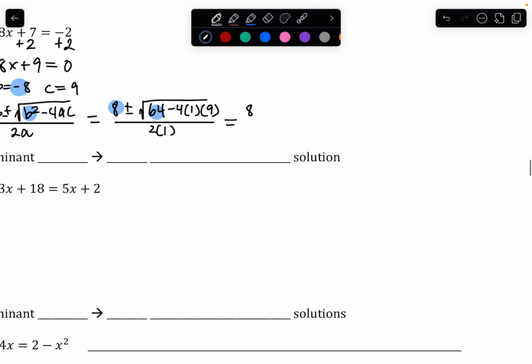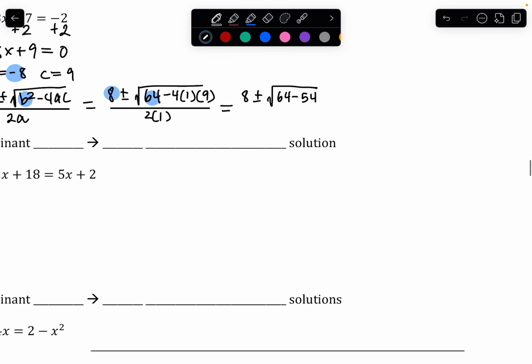To number crunch the expression, the discriminant, we have 64 minus 54. 9 times 4 is 36. Just kidding. 64 minus 36 over 2.